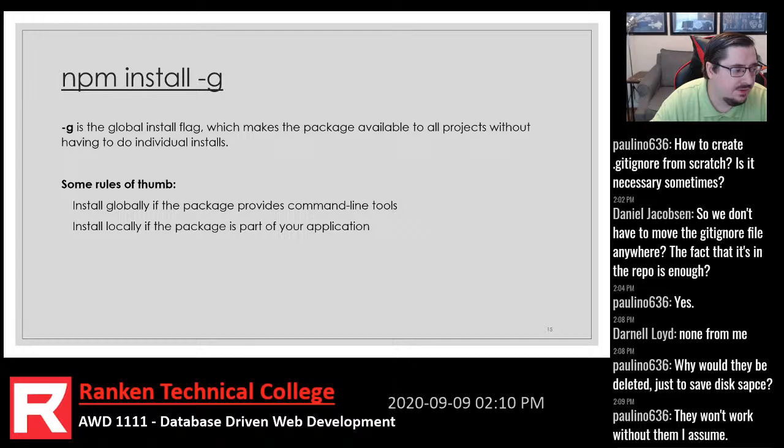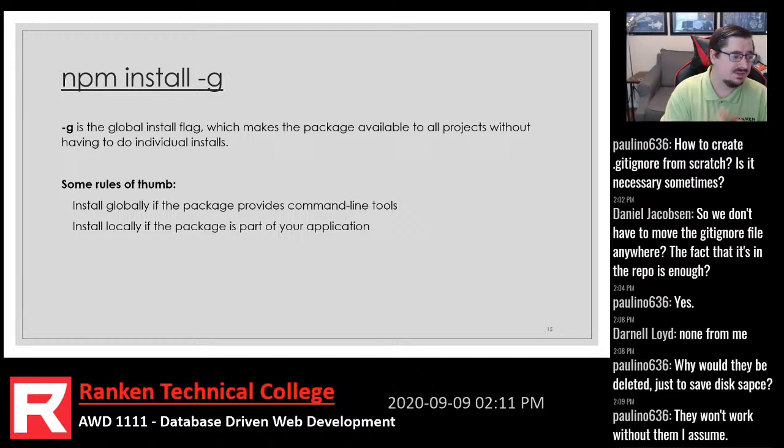So we'll specifically add the -g flag in there, short for global. -g is going to install it into your computer instead of installing it into your project. So when you use the global flag, it doesn't change your package.json, so it doesn't track that your project needs that, but it installs it so it's available on any project that you're working on.